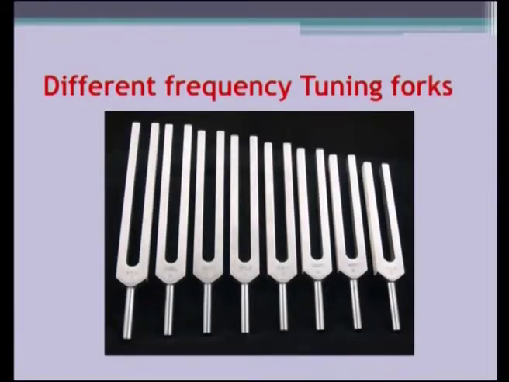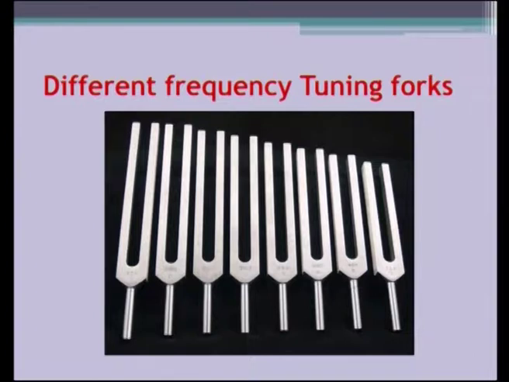This produces a musical note. I would like to give a small demonstration of how different frequencies would appear. Before that, we will have a look at a picture that will give a greater understanding of how the tuning fork looks with the frequencies engraved on them.